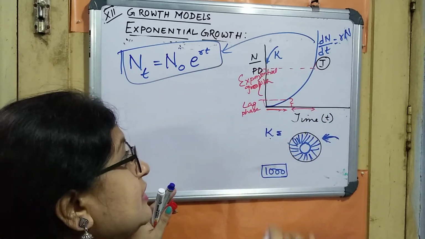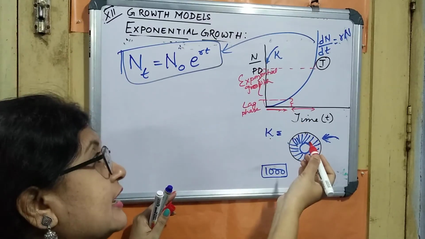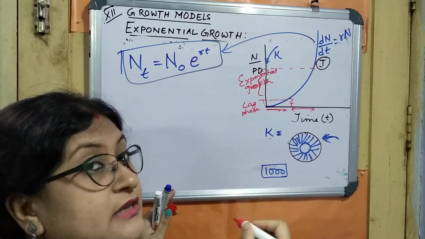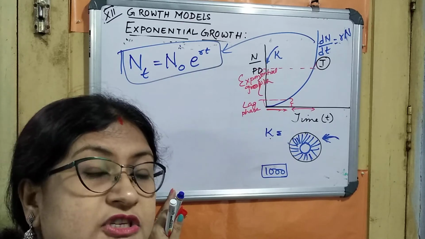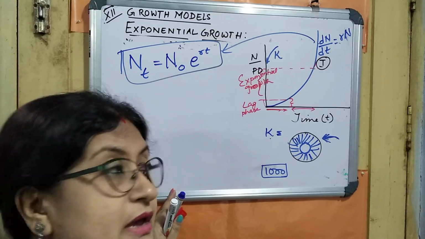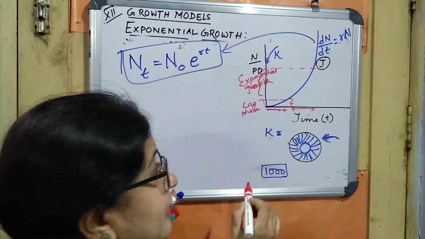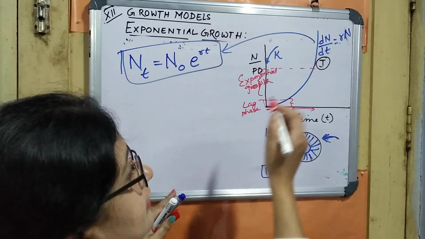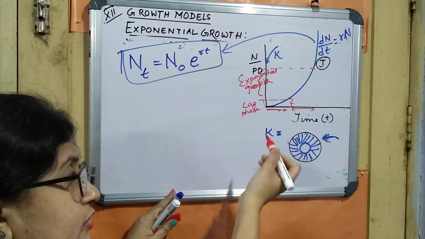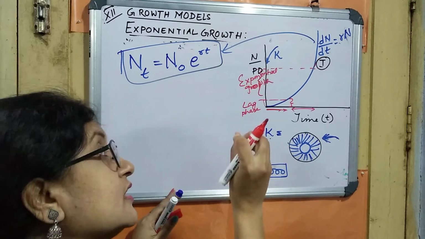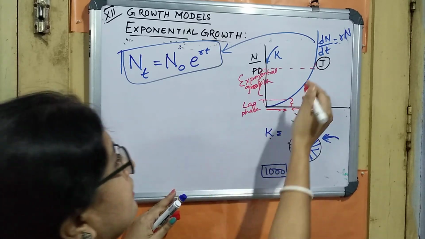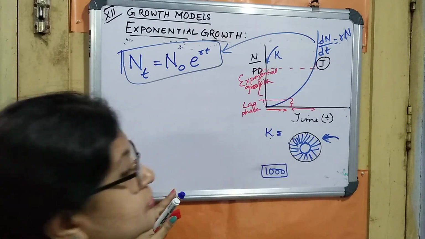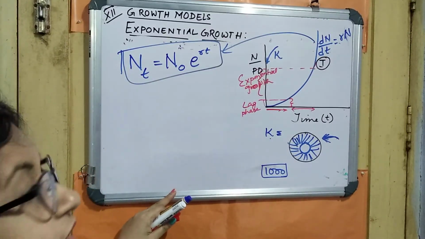At that time the resource will come to an end. Unlimited resource doesn't mean it is totally unlimited. It will make the growth in such a manner that the growth will be in an exponential format, and then the growth will stop to some extent, because again there will be a limitation in the resource. So that will make the decline in the population. So that is actually what we call a decline phase.